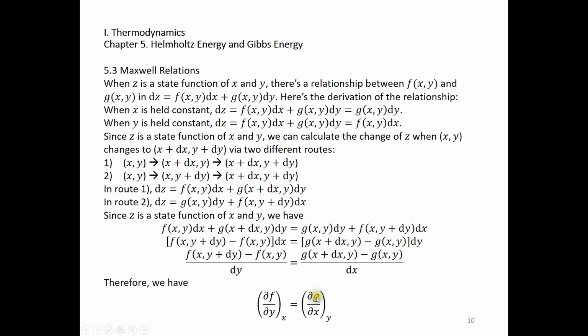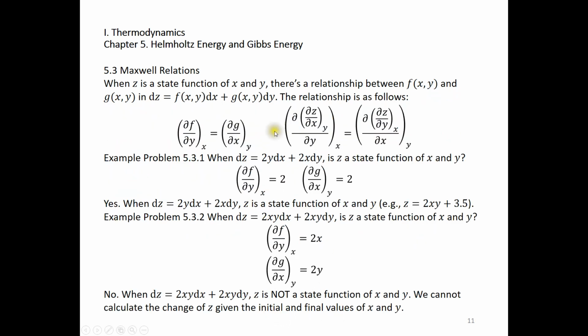When you do delta g over delta x, you need to hold y constant. Again, when z is a state function of x and y, there is a relationship between f and g in this equation. dz is f dx plus g dy. And the relationship is this: delta f over delta y is equal to delta g over delta x.